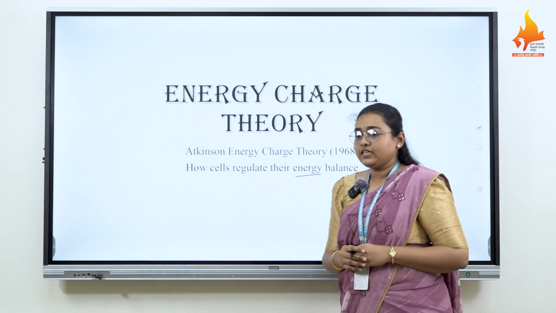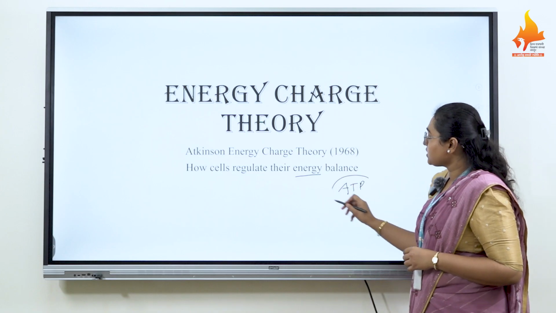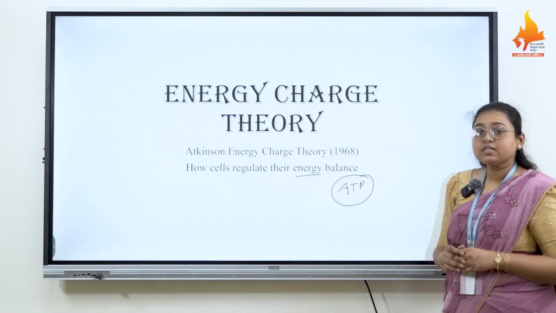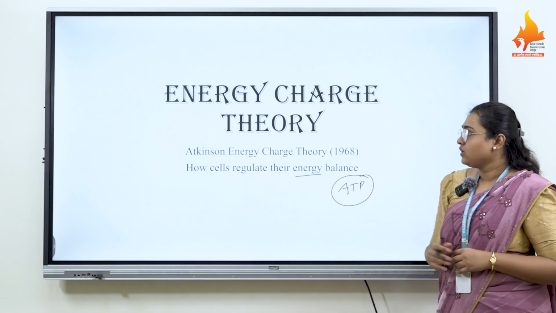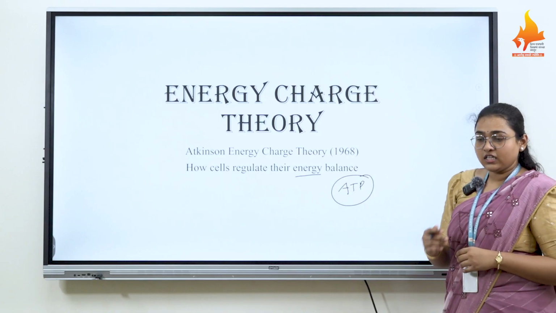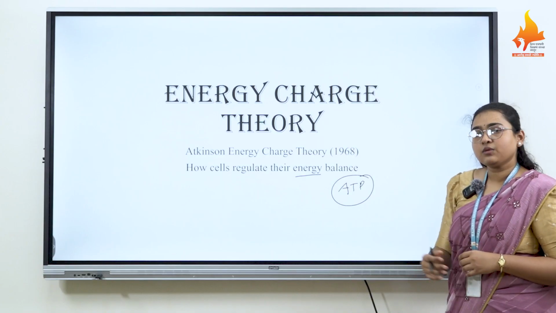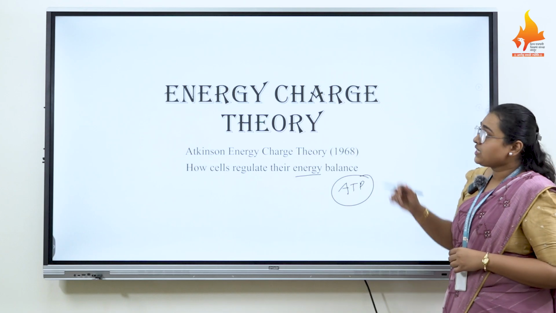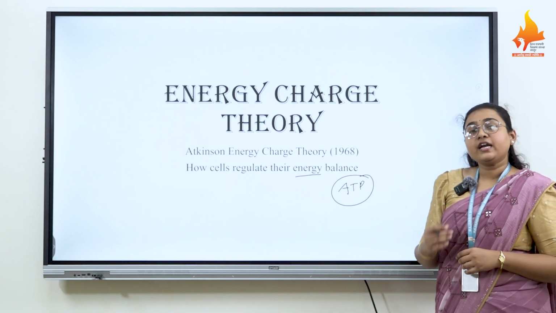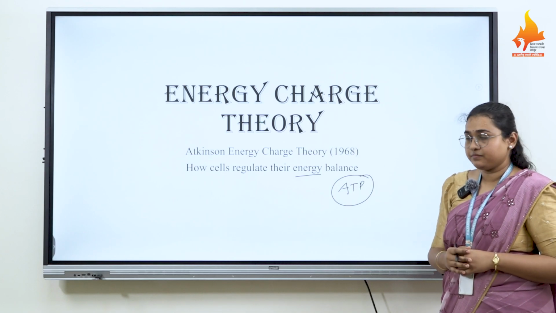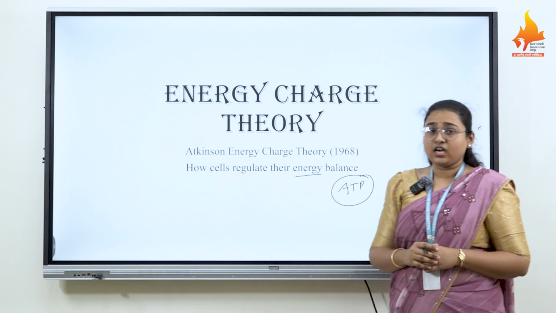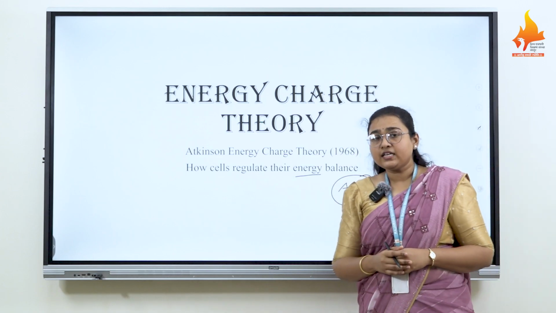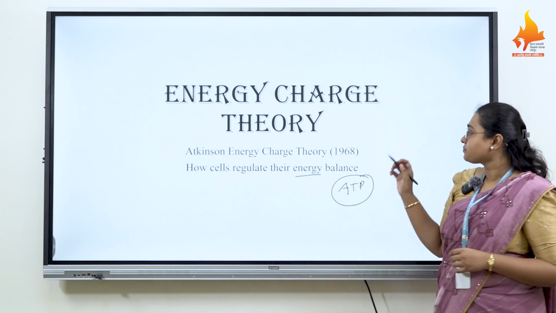So energy charge theory basically revolves around ATP. These are the adenine nucleotides, and the scientist Atkinson gave this energy charge theory based upon these adenine nucleotides. This theory is also known as the adenylate energy charge theory, or the energy charge is also known as the adenylate energy charge.